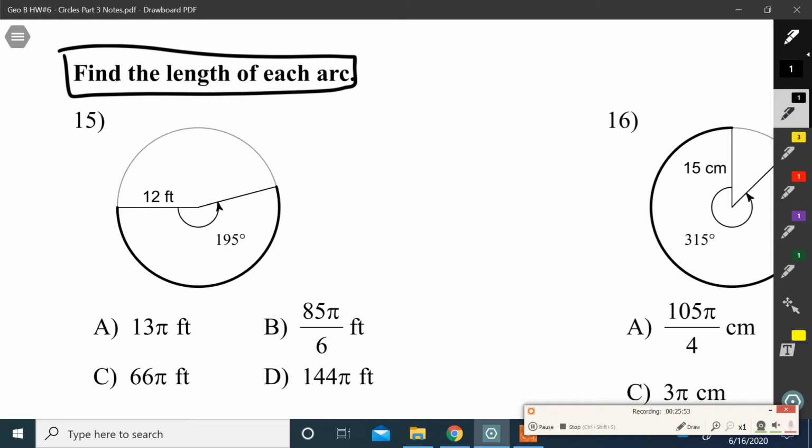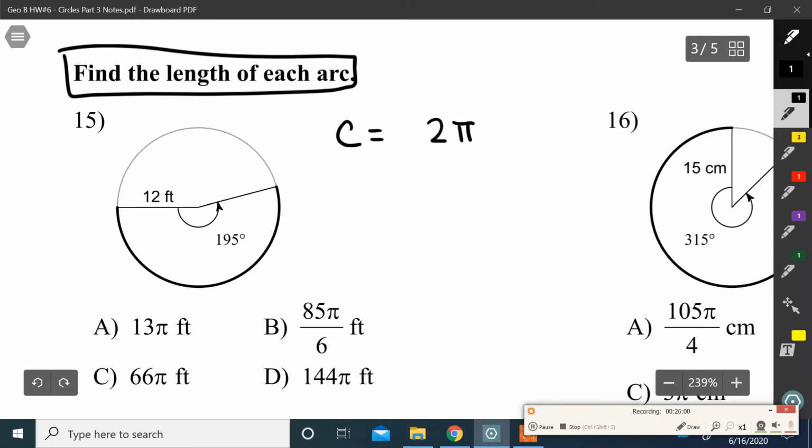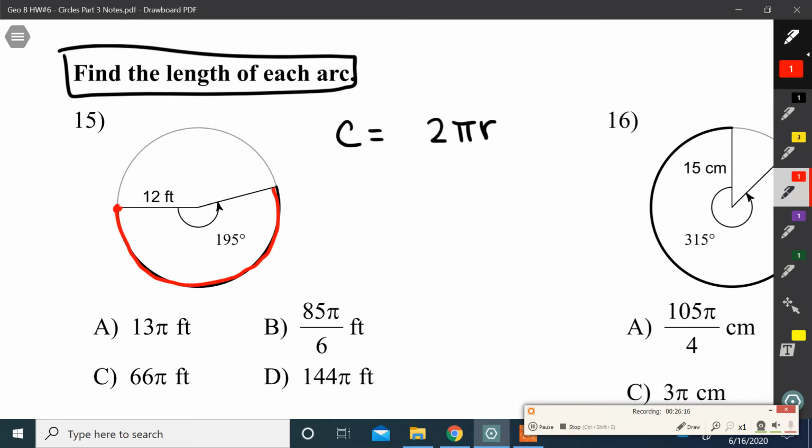So we are going to use the same formula for the circumference, but we need to modify it just a little bit, because we only need to find a portion of that circumference. Remember, the circumference is what's surrounding that circle. So we only need to find a portion of that.